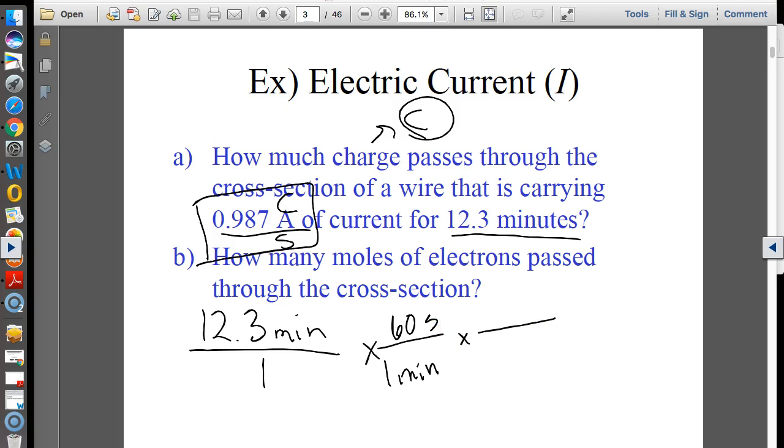And then notice I can now use my ampere conversion, 0.987 coulombs per second. And charge is coulombs. So if you just punch buttons in your calculator, you'll get the answer to this.